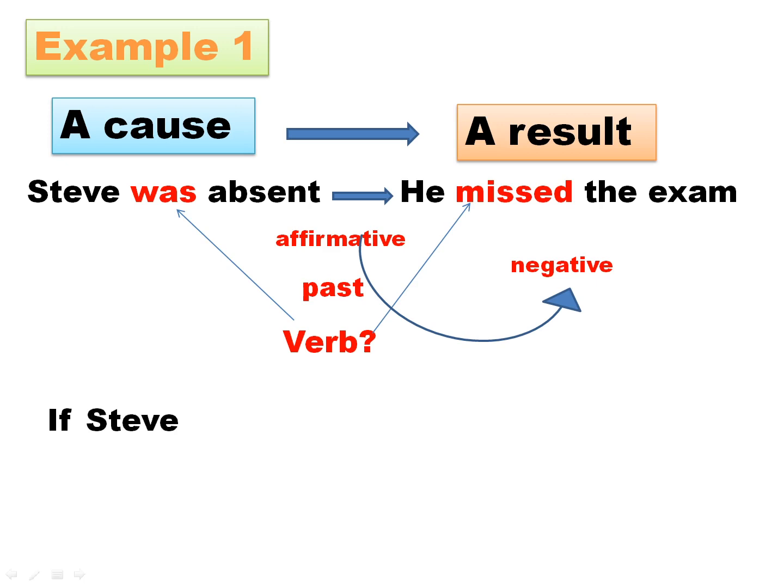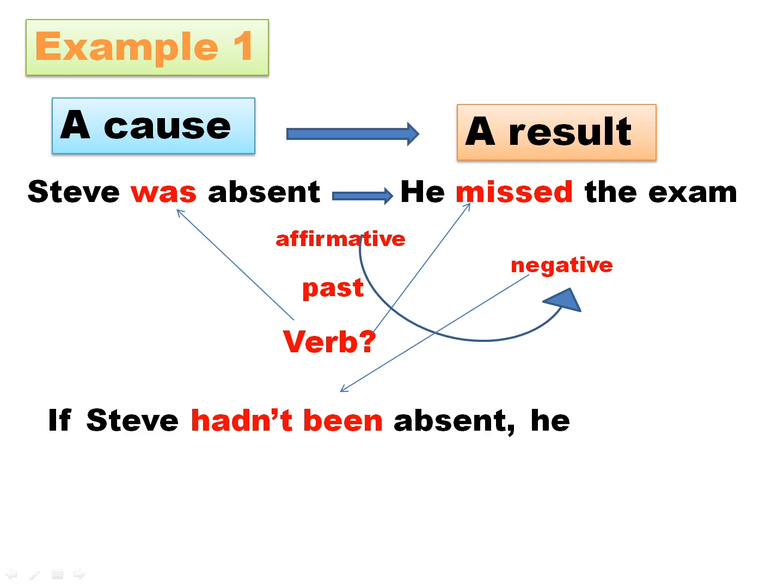Great. So we start with if now. If Steve, so again, where is the cause? Steve was absent. Now here I need to write the verb to be, which is was, in the past perfect negative. It's going to be if Steve hadn't been absent, and finish the sentence, he.